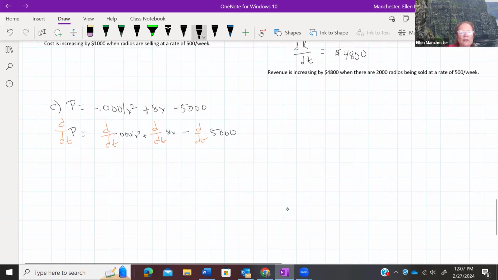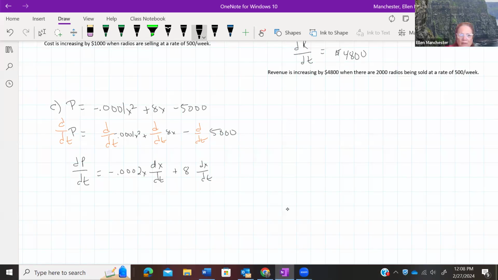So here we go. The derivative of p in terms of time is dp dt. The derivative of negative 0.0001x squared is negative 0.0002x dx dt. Derivative of 8x, so plus 8 dx dt. And the derivative of 5,000 just goes to 0.